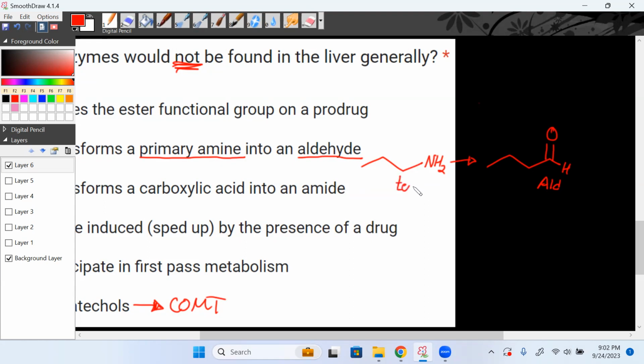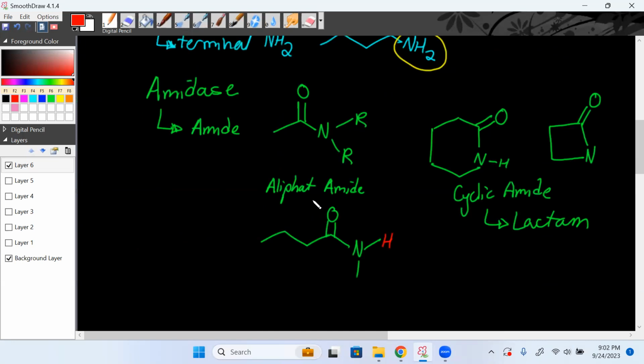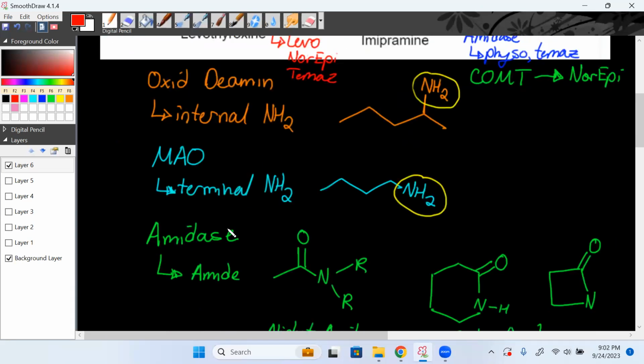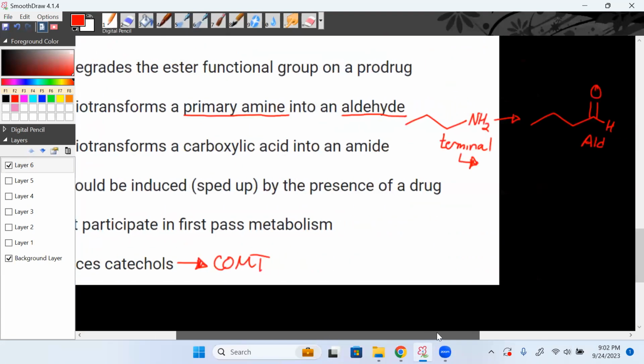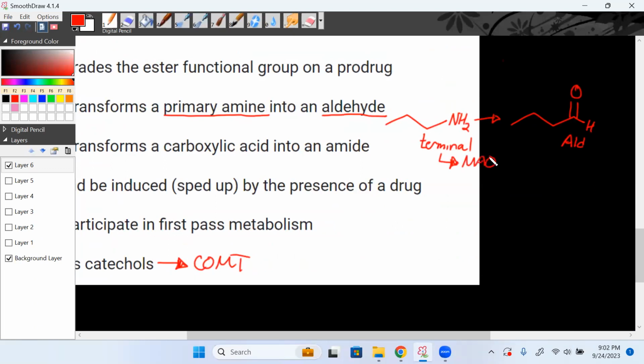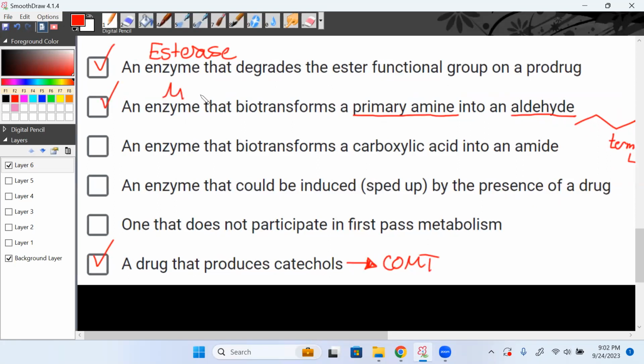This is terminal. And based on what we said up above, if it's a terminal NH2, it would be MAO, right? We know that takes place outside of the liver. So MAO is outside of the liver. How about a carboxylic acid into an amide? This enzyme doesn't exist. It was a trick question.